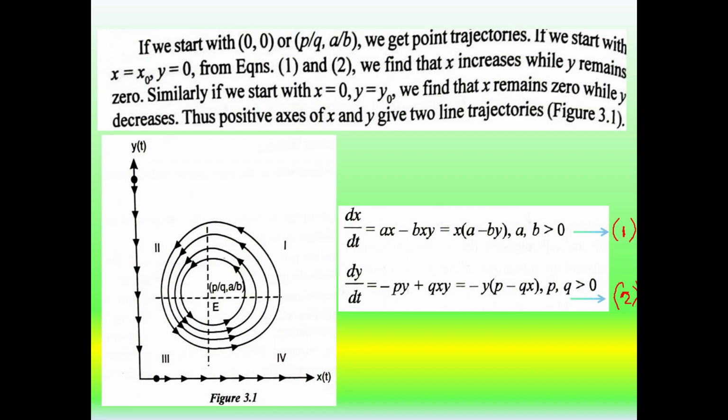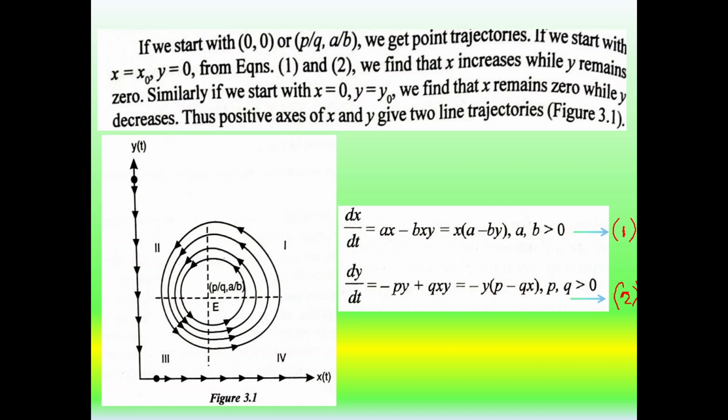So, from the above expressions, we can have the following discussions. If we start with 0, comma 0, or the equilibrium position p by q, comma a by b, we get point trajectories.